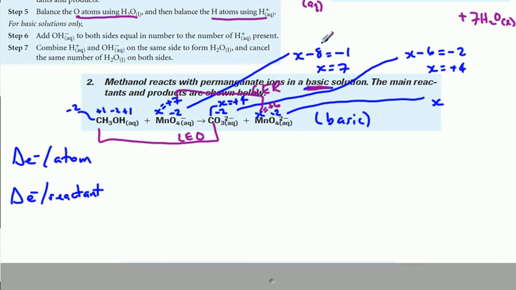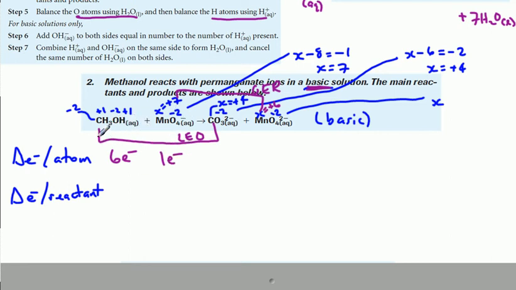So now we take a closer look, and with the carbon then, from -2 to +4, that's a change of 6 electrons. And with manganese, from +7 to +6, that is just 1 electron. So I write that underneath each reactant.